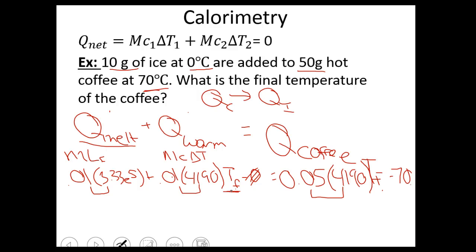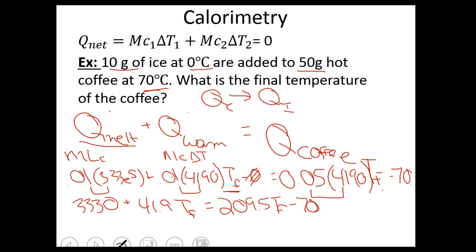So when I simplify this, I'll get 3,330 joules to melt the ice, plus 41.9 times the final temperature is equal to 209 times the final temperature minus 70, which was the starting temperature.